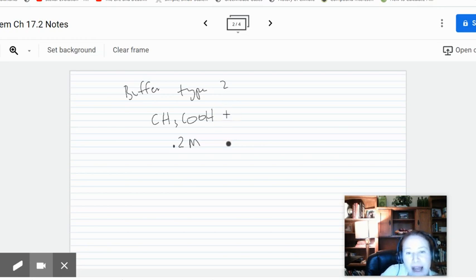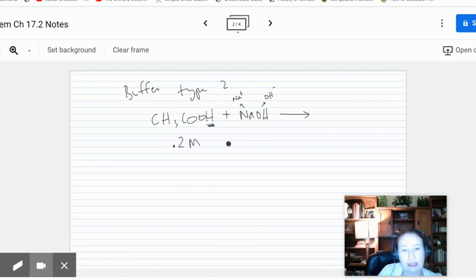If I react this with NaOH, it's going to be a reaction where the Na is a spectator ion, it's just going to be floating around, the OH, which is negatively charged, all of the OHs in this strong base are going to neutralize. It's going to rip off the hydrogens from my acetic acid.